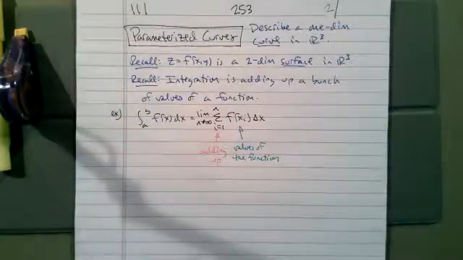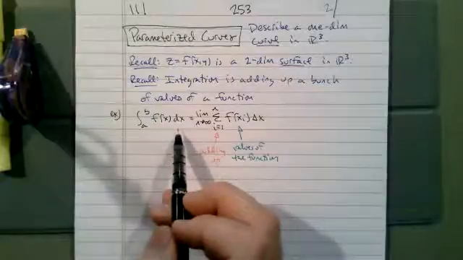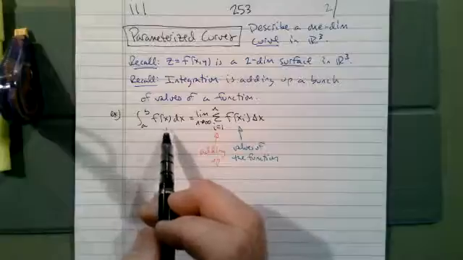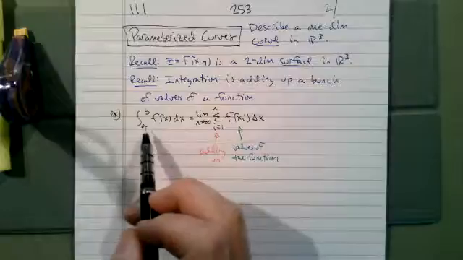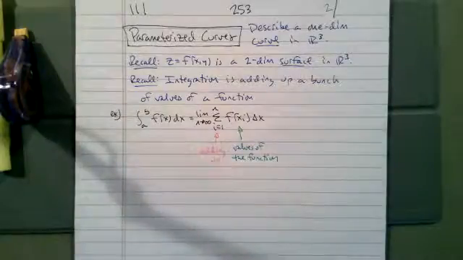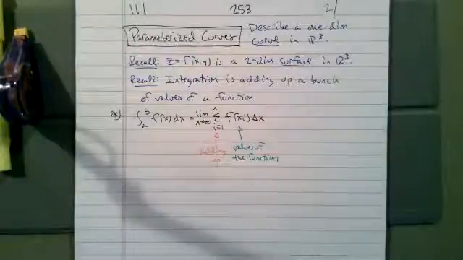When we have a function of one variable, the only collection of points that we're going to plug into the function is an interval from a to b. But when we have a function of two variables, we need a collection of points x, y. So we're talking about integrating over a region. And when we have a function of three variables, we're adding up a bunch of values from R3.